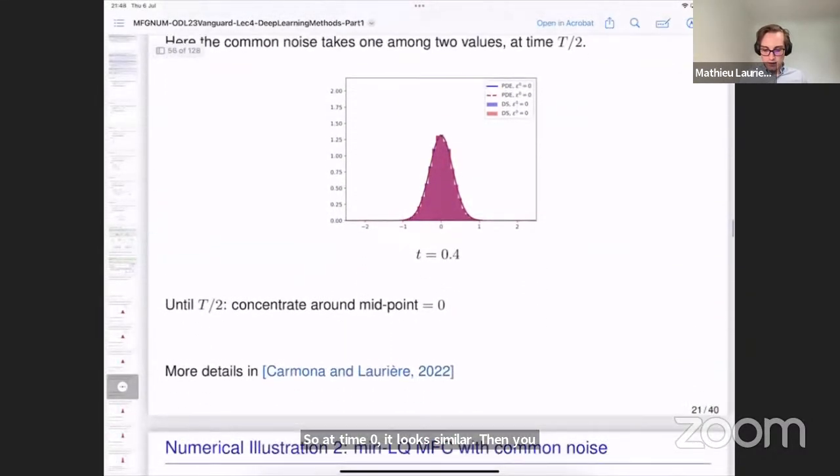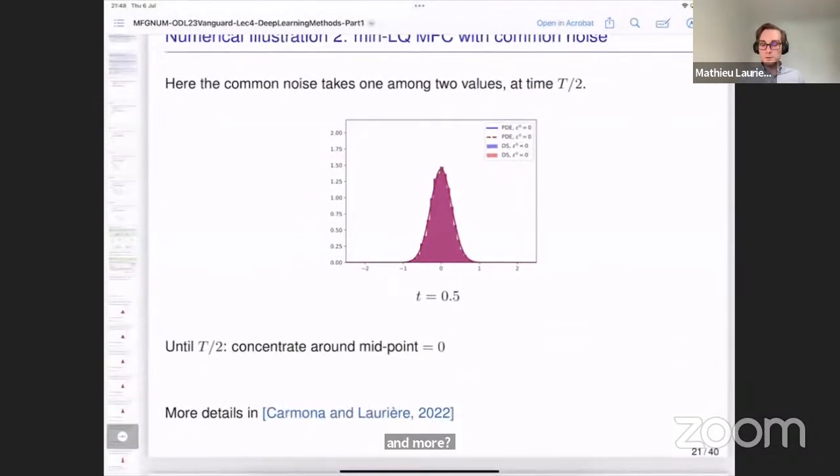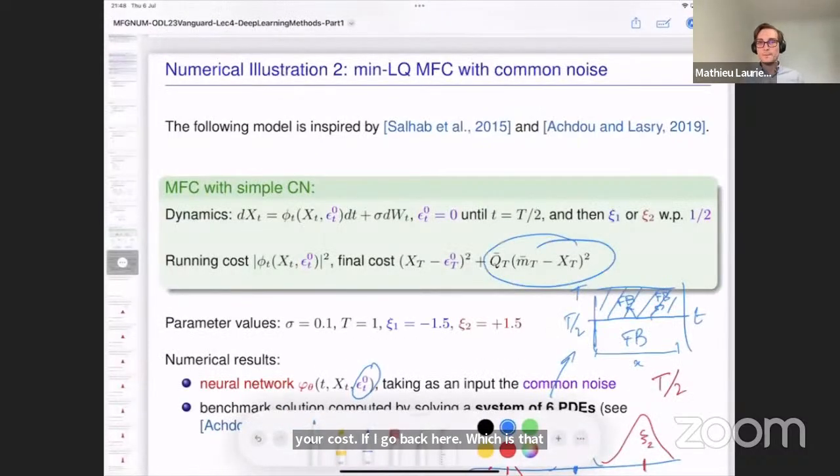So why does it concentrate more and more? Well, the reason is that there is another component in your cost, if I go back here, which is that you want to be close to the mean, right? Part of your terminal cost is the distance between you and the mean position. So one thing that you know for sure is you want to be close to the mean.